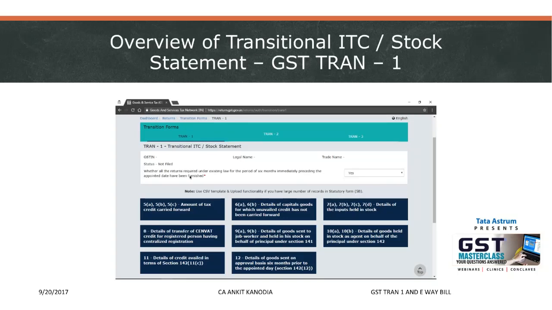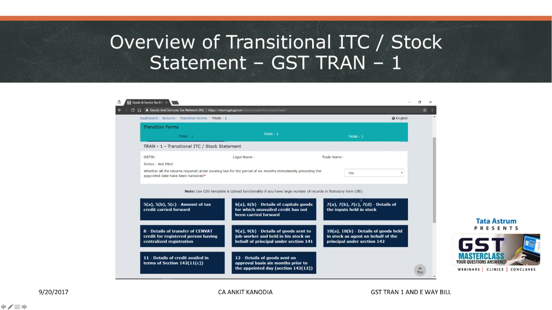So you have to first be sure that all your returns of excise, service tax, VAT, CST, entry tax and all other taxes which are subsumed under GST, where you were an SSI under the old law, have been furnished. You need to ensure that for the period of 6 months prior to 1st July, all the pending returns have been furnished. If all the pending returns have been furnished, only then would this TRAN 1 be able to be submitted and filed by the respective SSI.